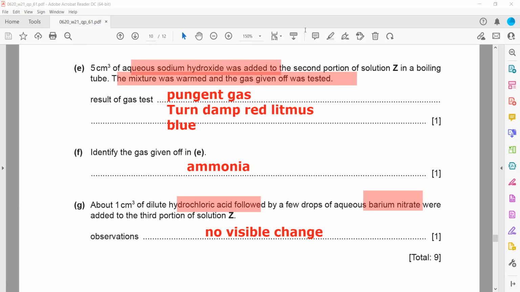So every session I will do one question from salt identification, as a revision. The first topic was salt and identification, like identifying the ions.